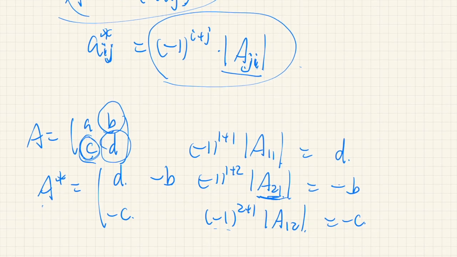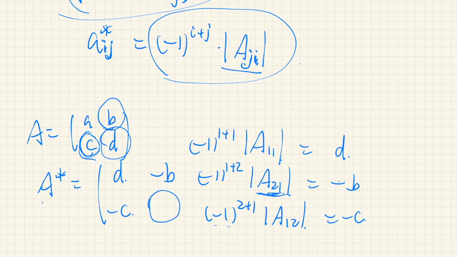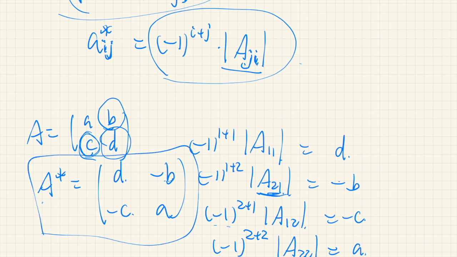And this element is negative 1, 2, 2 element. And the 2, 2 element is A. So that is A. So that is the adjugate matrix of this 2 by 2 matrix.